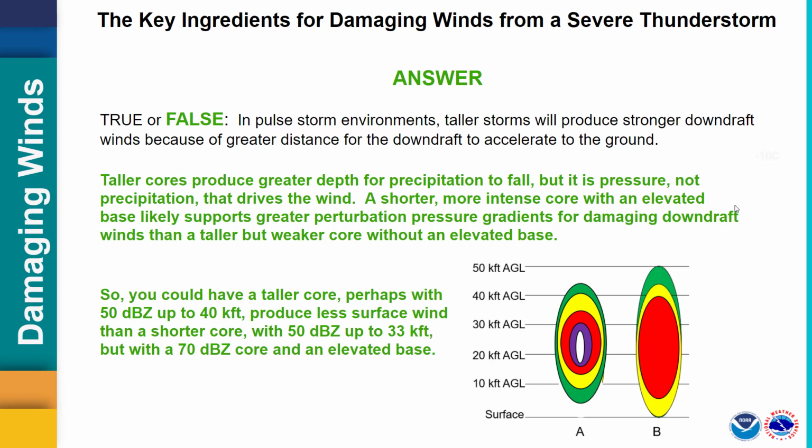So the perturbation pressure gradients may in fact be stronger with storm A than with storm B. Now, there is likely a relationship in which taller cores also contain a greater core than more shallow cores, thus leading to stronger winds from storms with taller cores, but that may not always be the case.